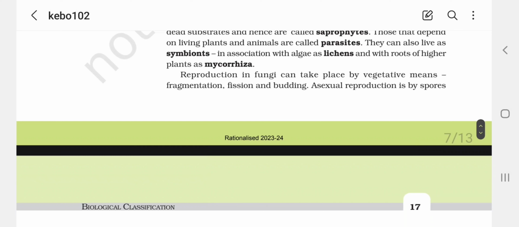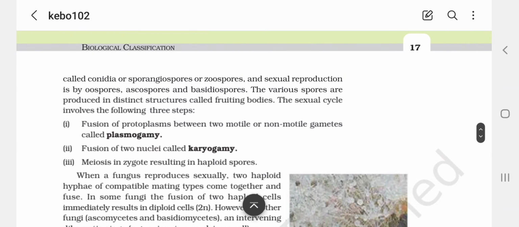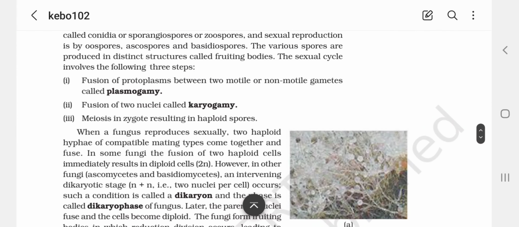Reproduction in fungi can take place by vegetative means, fragmentation, fission, and budding. Asexual reproduction is by spores called conidia or sporangiospores or zoospores, and sexual reproduction is by oospores, ascospores, and basidiospores. The various spores are produced in distinct structures called fruiting bodies.